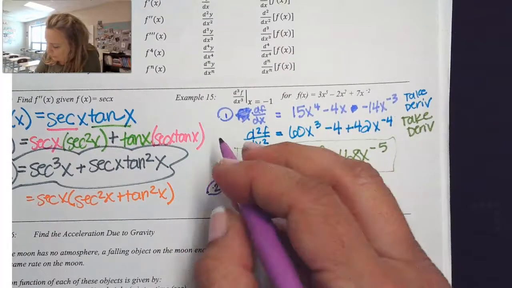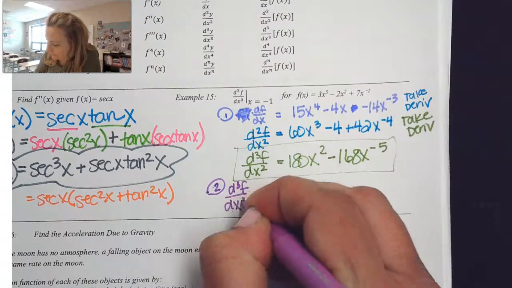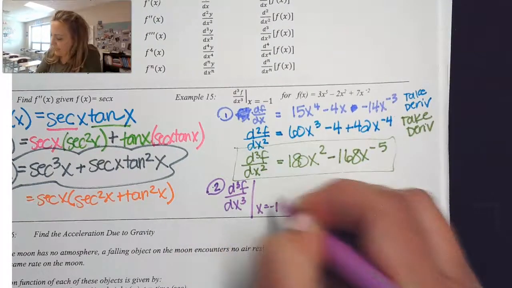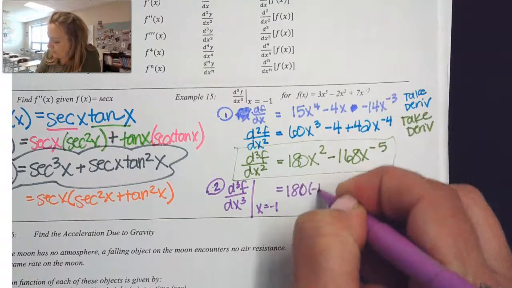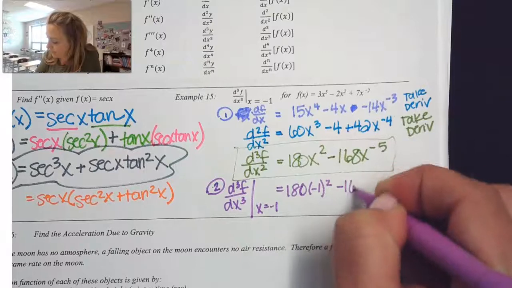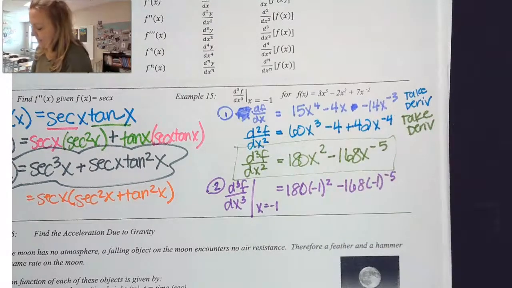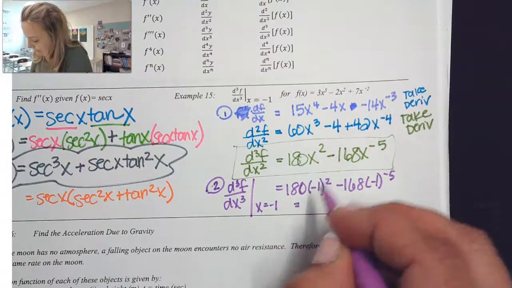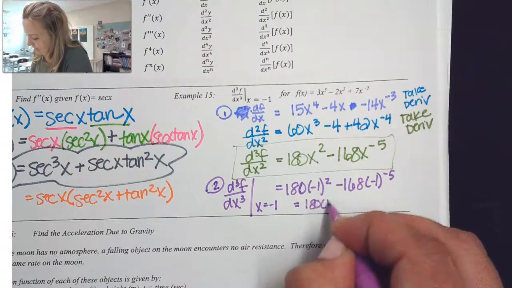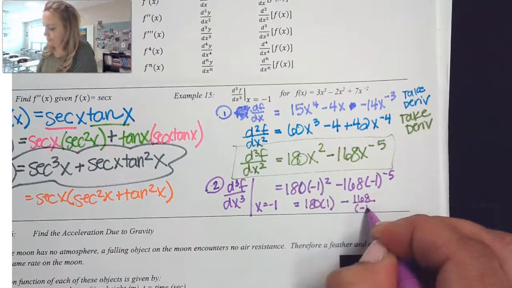Now we're going to evaluate this third derivative at x equals -1. So we can just put -1 in for x. And this one isn't that bad. This is really going to be 180 times 1 minus 168 over -1.